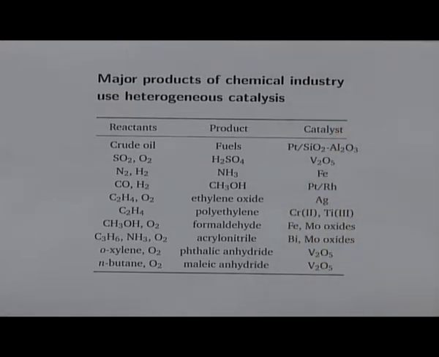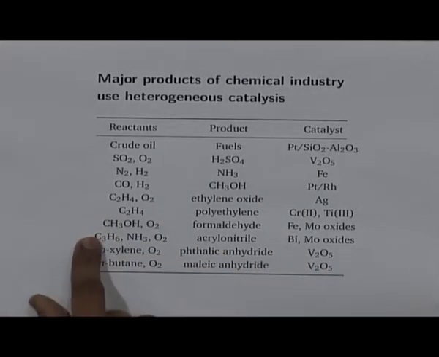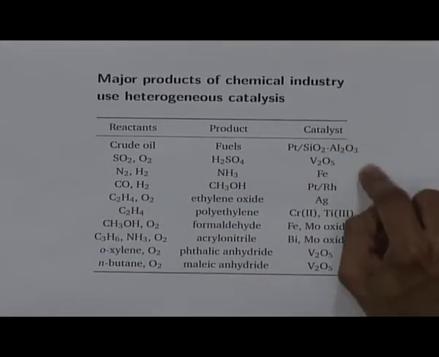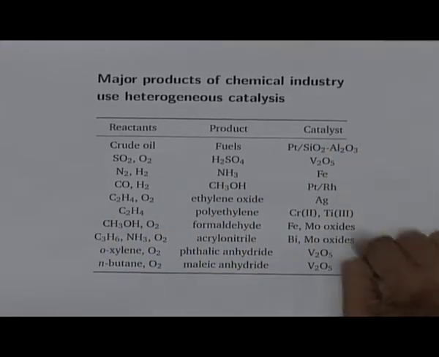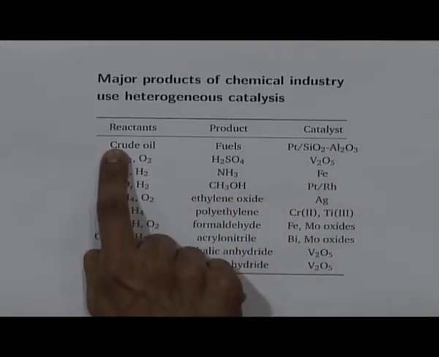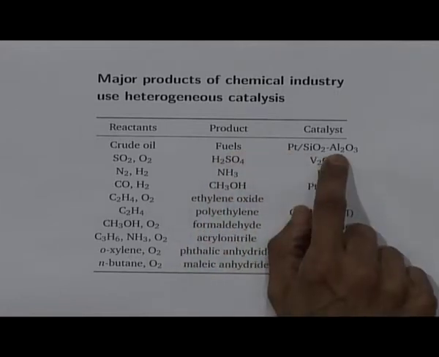And here I have listed major products of the chemical industry and how they are pretty much all generated through catalysis. So, here is the reactant, crude oil that you get from extraction, and you make a product which is your hydrocarbon fuels using a cracking catalyst, which is platinum on silica and alumina.